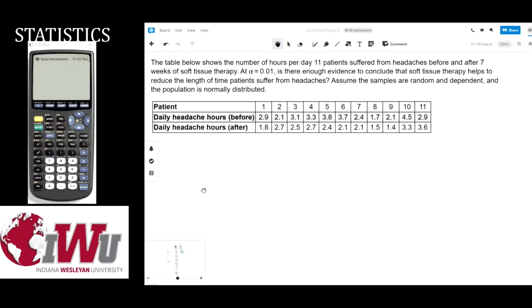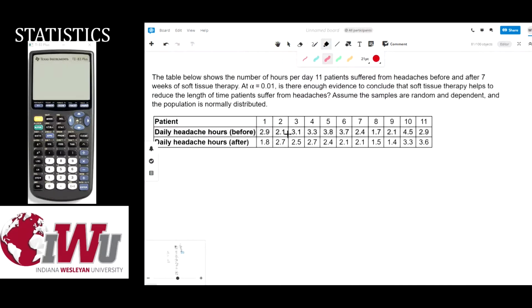So we want to identify the claim. Let's highlight that here. Let's move this down a little bit so we can see better. All right, so here we go. Does the therapy help to reduce the length of time?